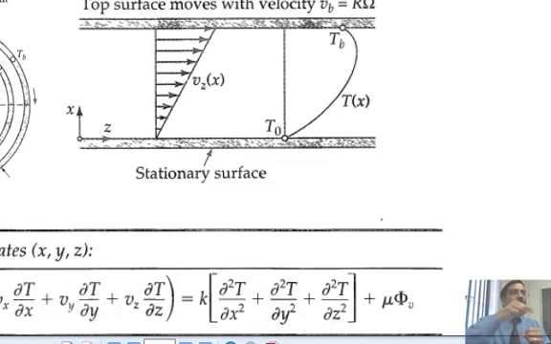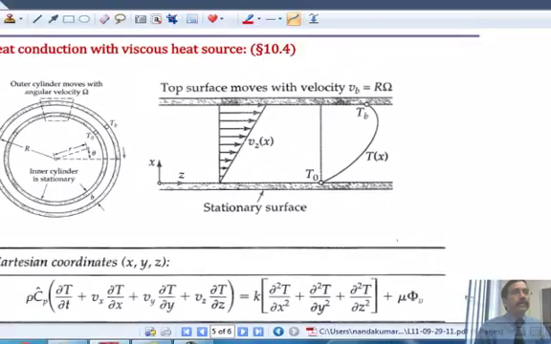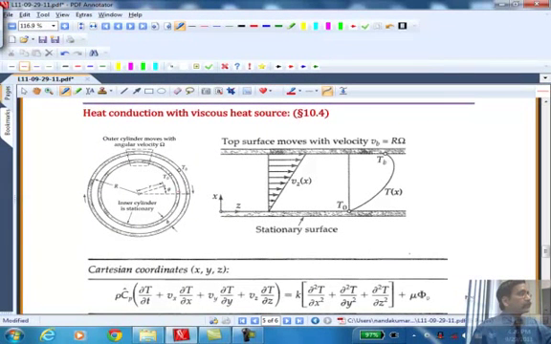Okay, so you have an inner cylinder here, and then there is the outer cylinder. In between that I have a viscous fluid, and the inner cylinder is at a temperature of T0. The outer cylinder is at a temperature of T_B.